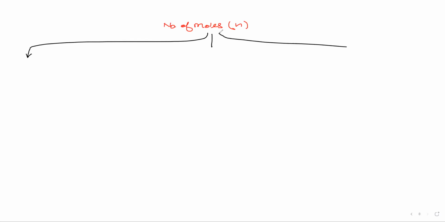If you are asked to calculate the number of moles, which is the small n, then you will ask yourself 3 questions. First, see if mass is given.